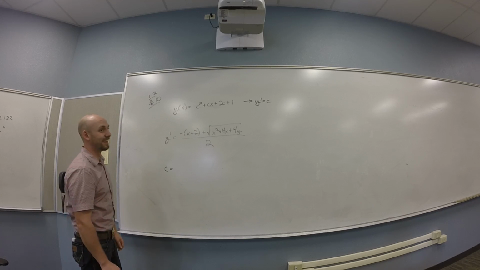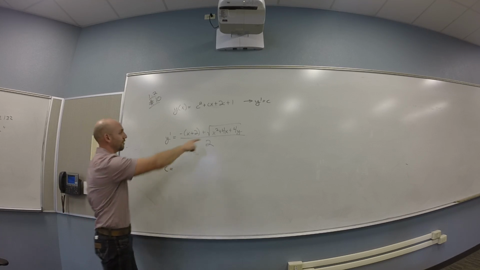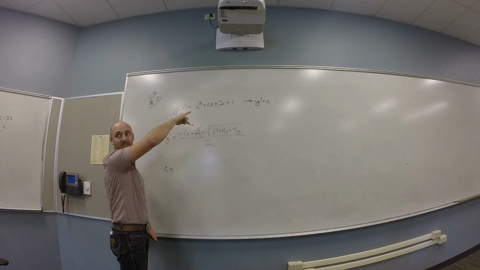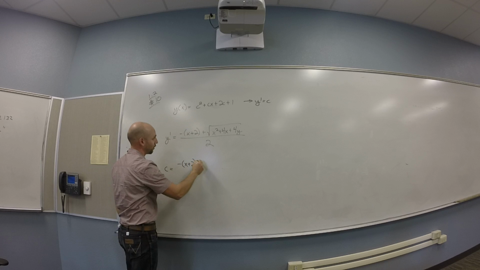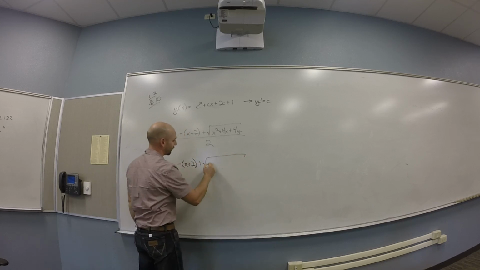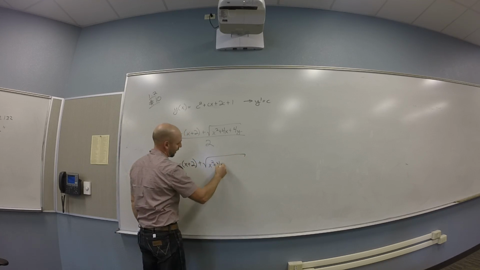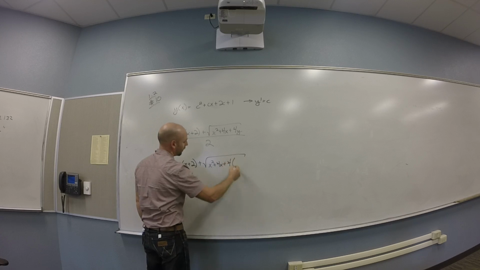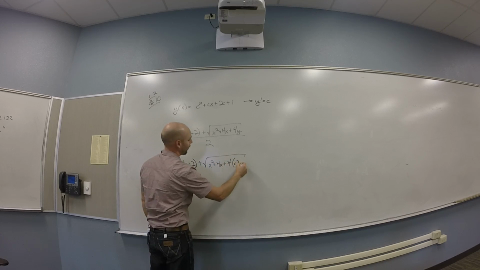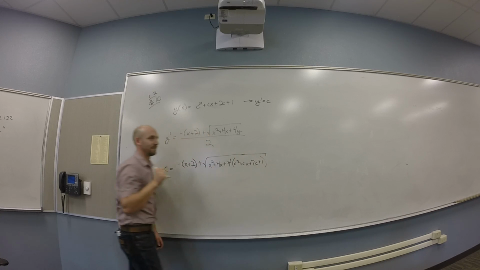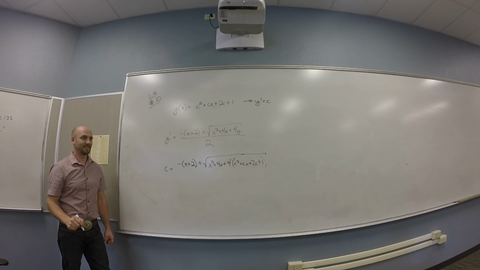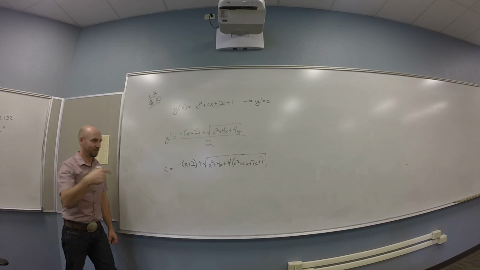Okay, so there's supposed to be a c, right? And then y is that stuff with c's in it. So it's supposed to be minus x plus 2 plus the square root of x squared plus 4x plus 4 times all of c squared plus cx plus 2c plus 1, all over 2.